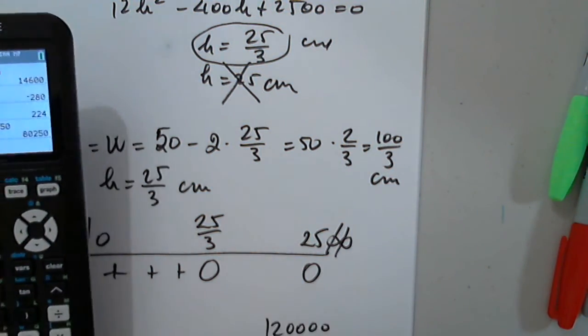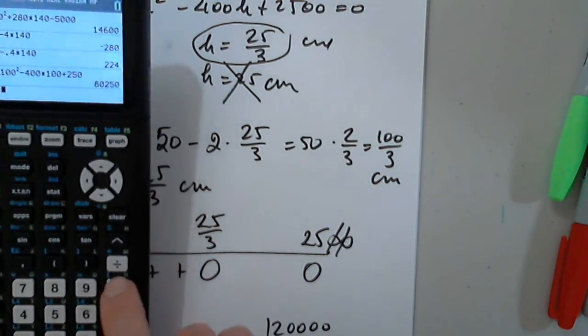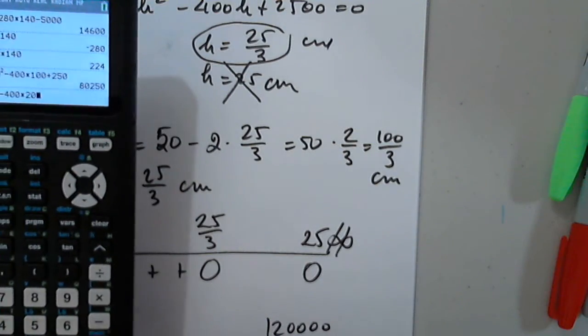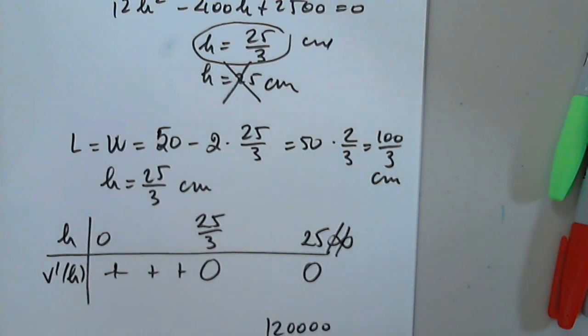Okay, so I can plug in 20 if you want. So 12 times 20 squared minus 400 times 20 and plus 2,500. This has to be a negative number, guaranteed. Well, that's a quadratic function, so it's negative between solutions. So this indeed will give a maximum, increasing, decreasing.